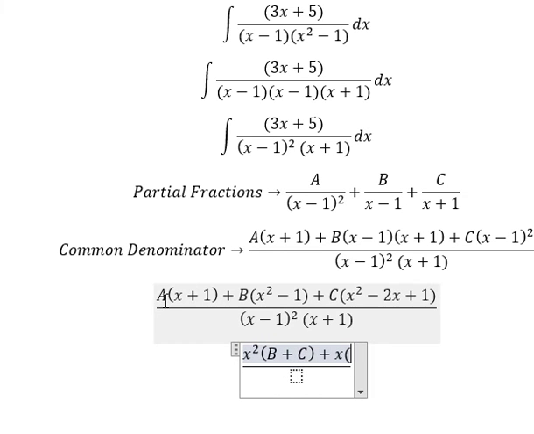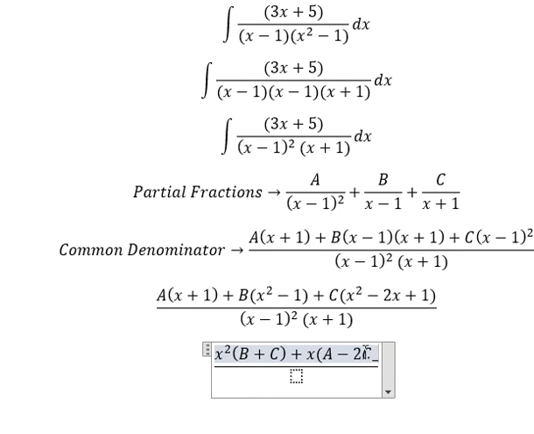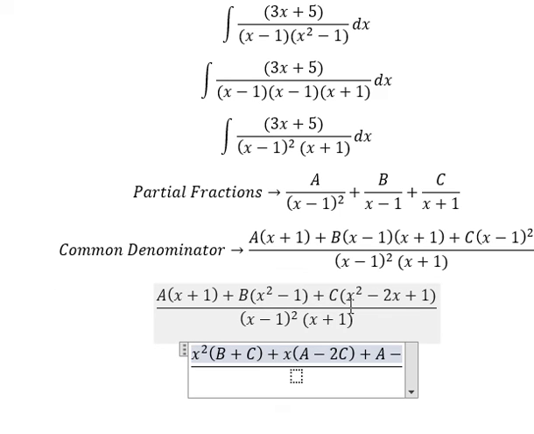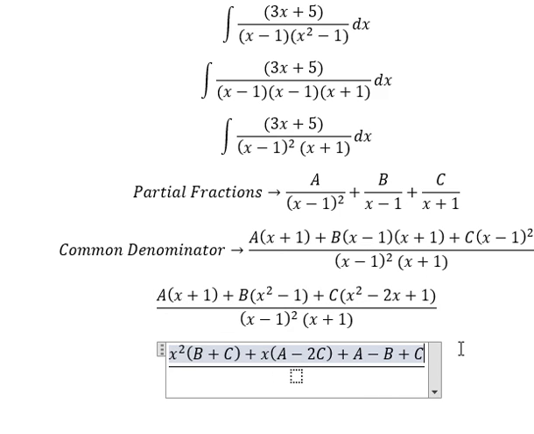For s, we have a multiplied by s minus 2c. For the number, we have a multiplied by number 1, b multiplied by negative number 1, and c multiplied by number 1 in here.